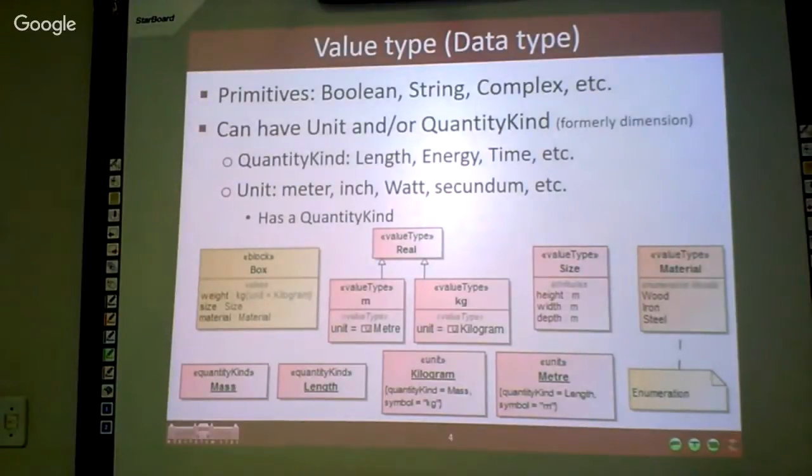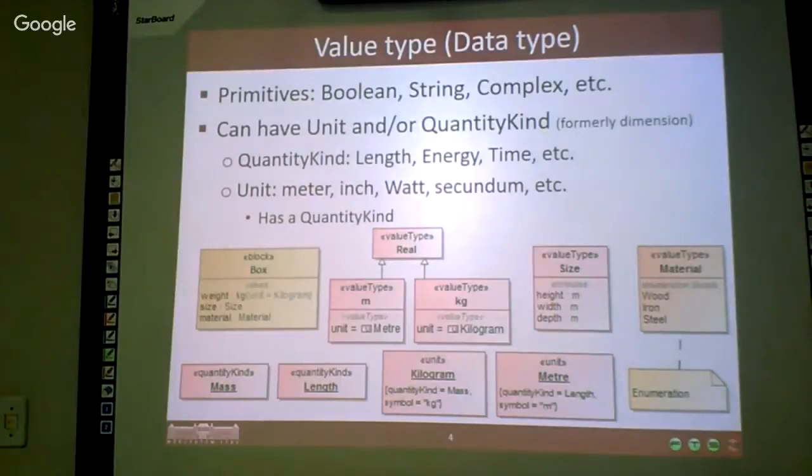And the value type is used to provide a uniform definition of a quantity with units that can be shared by many value properties. So we have the primitives such as Boolean, string, complex, and you can have units and quantity kinds. They are formally dimensioned.